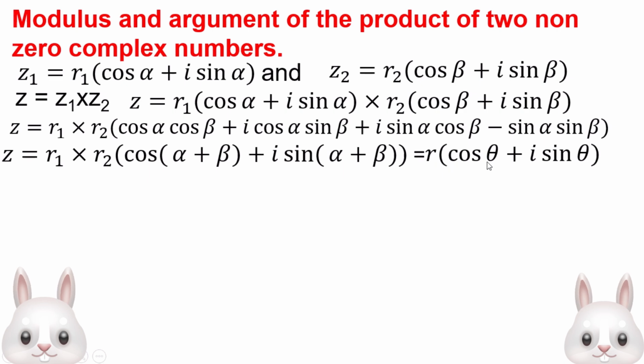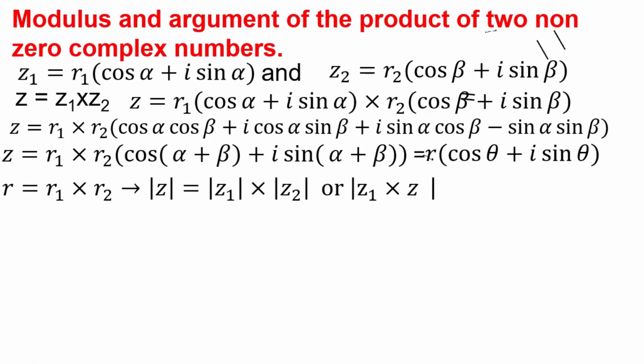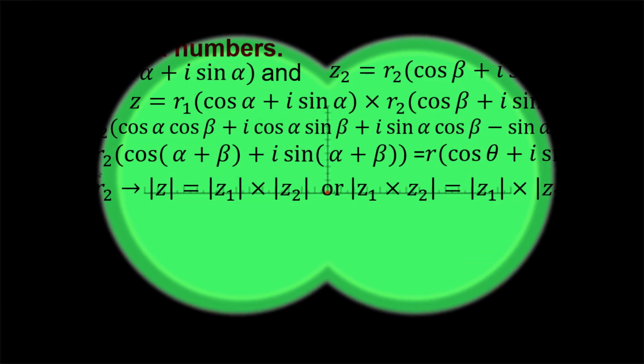This is r into (cosine theta plus i sin theta). It means r equals r1 times r2, and theta equals alpha plus beta plus 2k pi. R equals r1 times r2, here modulus of z, here modulus z1 times modulus z2.